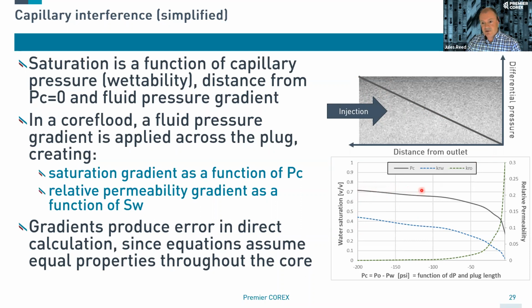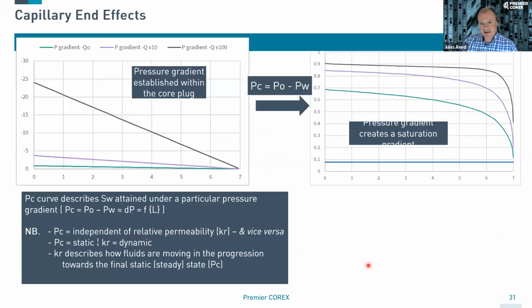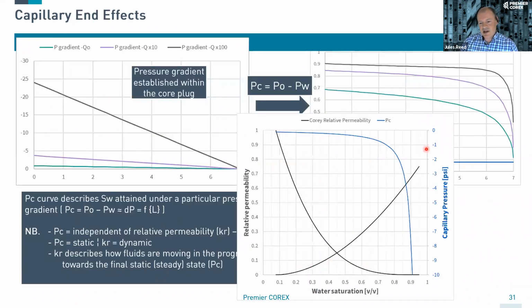And these are actual measured data. The solid line here is the saturation gradient. But because relative permeability is a function of saturation, if we have changing saturation, we have changing, well, not relative permeability, because the relative permeability curve itself is not changing. What's happening is if this is my saturation at one point of the sample, then this is my relative permeability at that point in the sample.